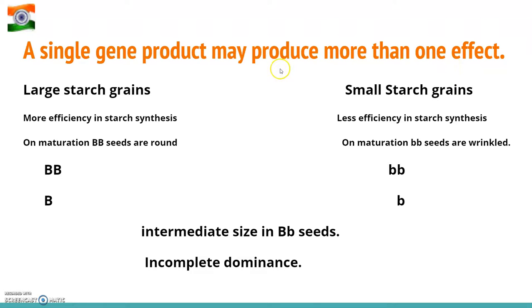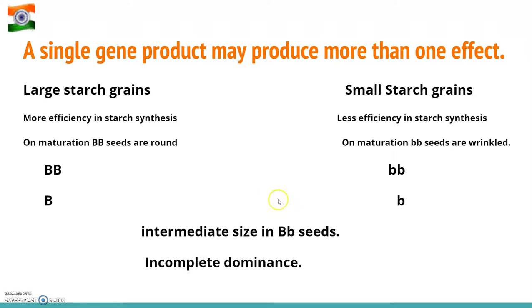For example, starch synthesis. Starch synthesis in pea seeds is controlled by one gene, and it has two forms, two alleles, which can be homozygous as well as heterozygous.